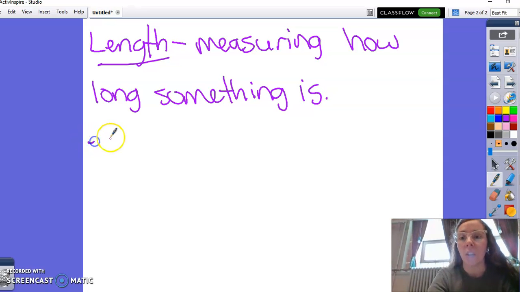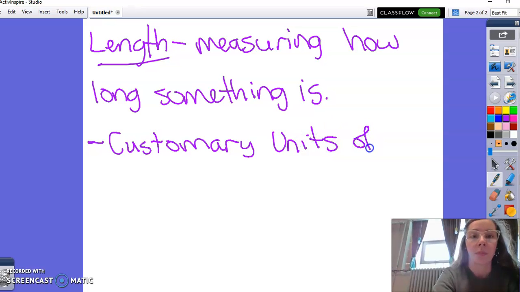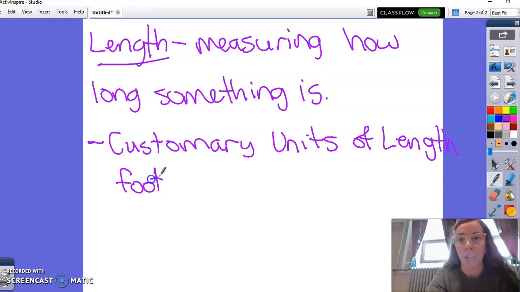And so these are the customary units of length. So customary is the system that we use in America, and a unit is just kind of a name. So this is like customary names of length, and we're familiar with these. We measure in a foot or with feet, and we abbreviate that FT.